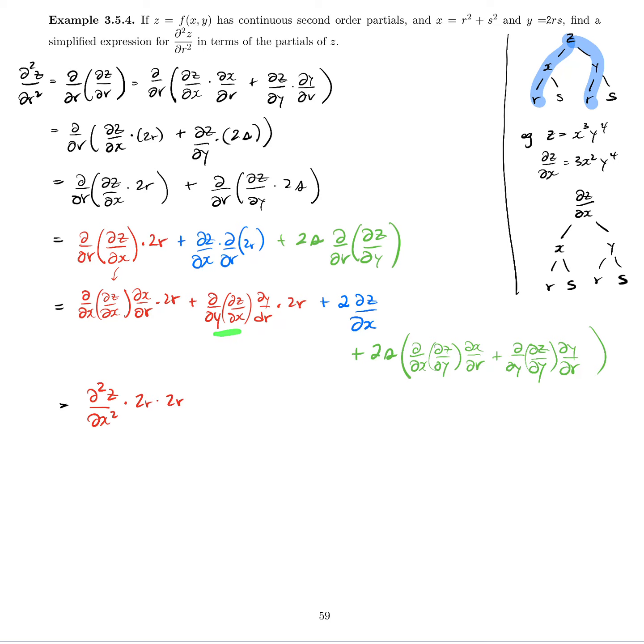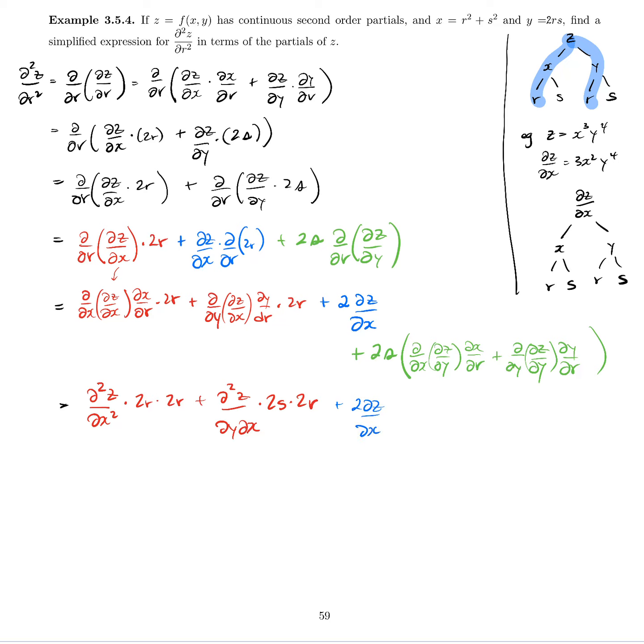This derivative we can write as ∂²z/∂y∂x. ∂y/∂r is something that we can evaluate again. That's 2s. So this is going to be times 2s times 2r. We can just recopy the 2 ∂z/∂x.